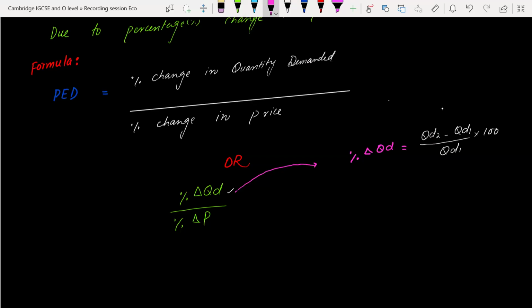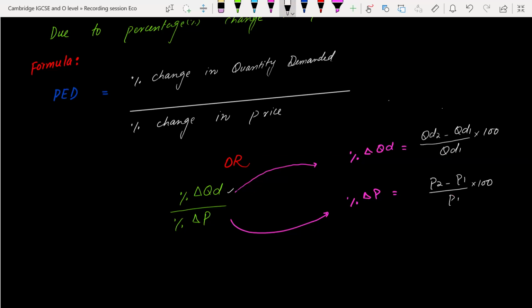Same for this: percentage change in price means the difference between P2 and P1 divided by P1 multiplied by 100. It will be like this.